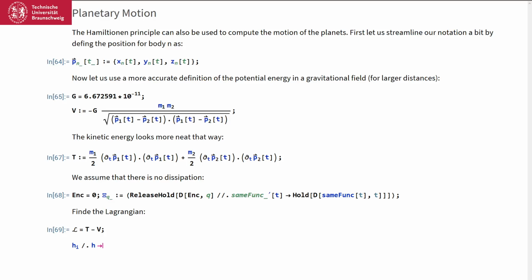For example, if I have h_i, I can replace h by something, and you see we'll get something else with the same index. And we can use patterns in this here also.